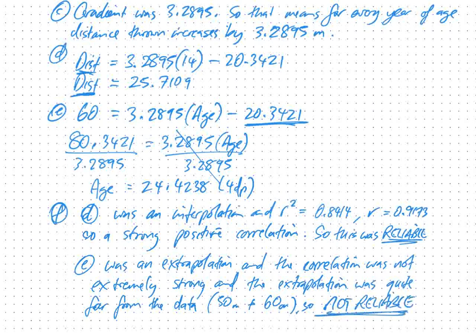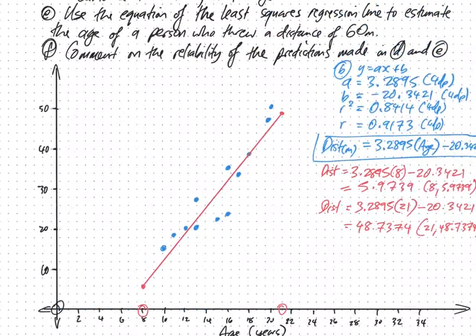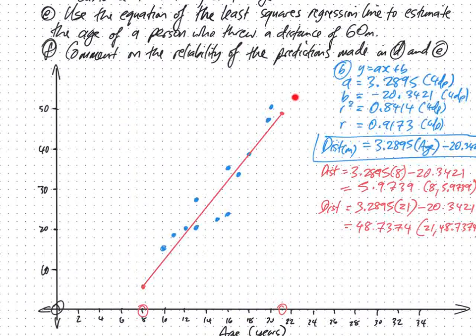Maybe it would be more reliable if it was closer. So maybe if the prediction we were making was for, I don't know, a 52 somewhere here, or 51, 52, maybe even 55. But this far out from the ages that we've got, considering the data that we have, and because the correlation is just strong, it's not extremely strong, you would say that it's not reliable.